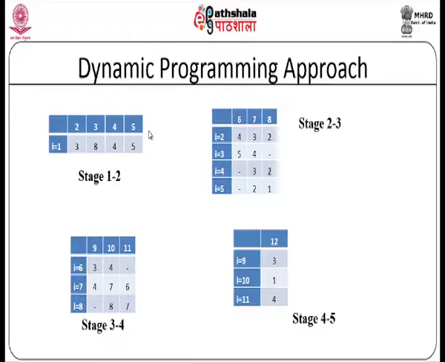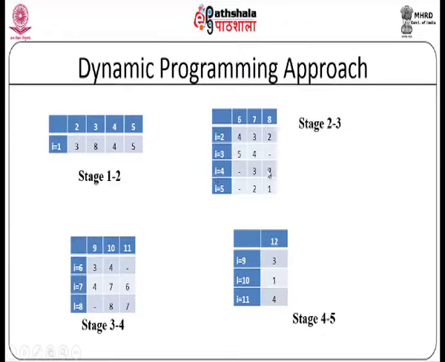First, we will try to define a multi-stage graph. Multi-stage graph means the graph is arranged in such a manner that you have lots of stages. So, consider this scenario where from 1 you have edges to vertices 2, 3, 4 and 5 with this particular edge cost.